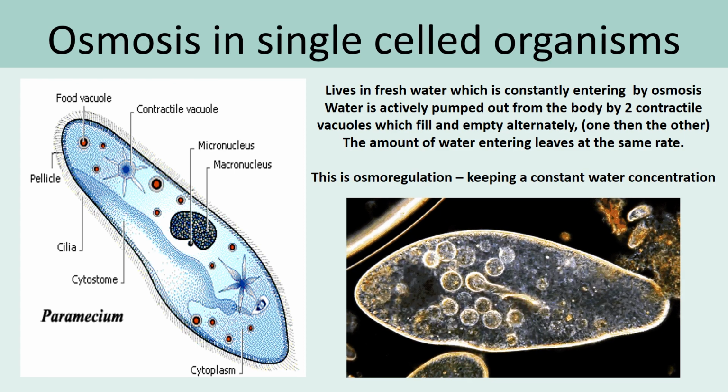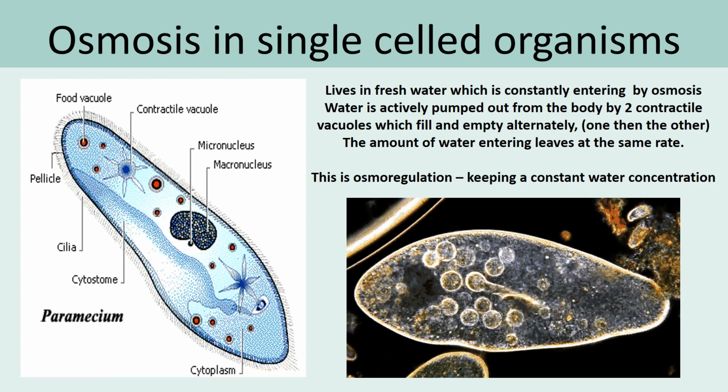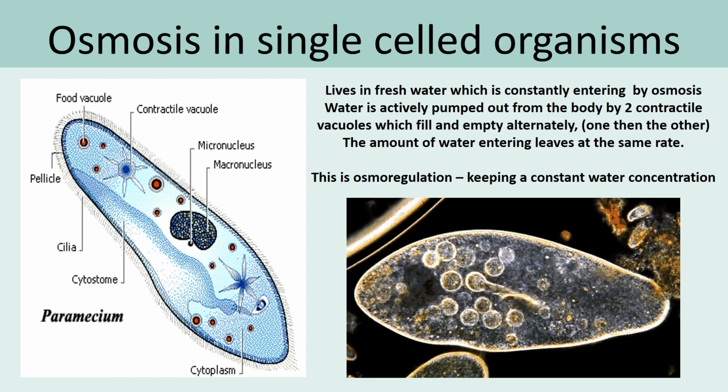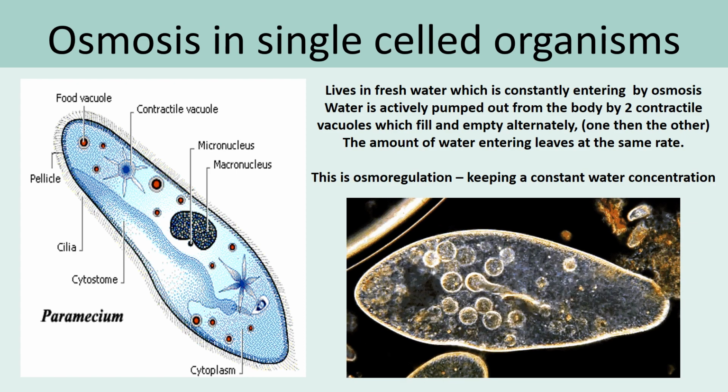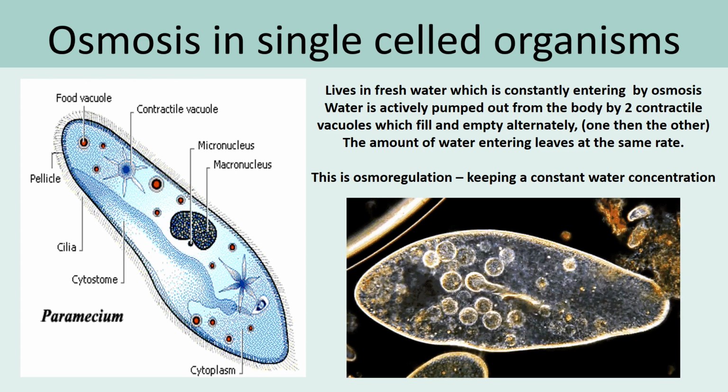And what happens is all that excess water goes into those vacuoles, they increase in size, and then they fuse with the membrane and let all of that water out of the cell. So it's constantly getting rid of that water that is going into the cell. Like if you're on a sinking boat and you have got a bucket and you are bucketing out all of the water that is coming in, it's constantly doing that.